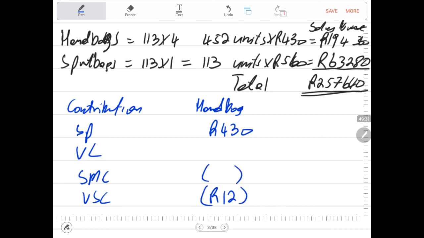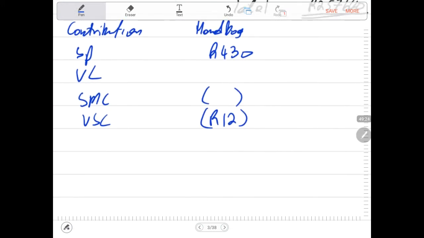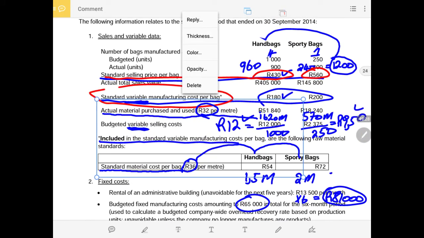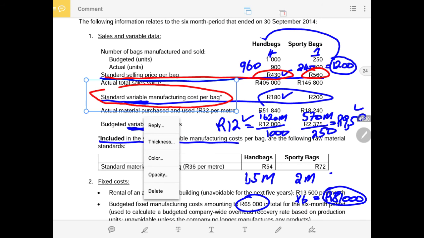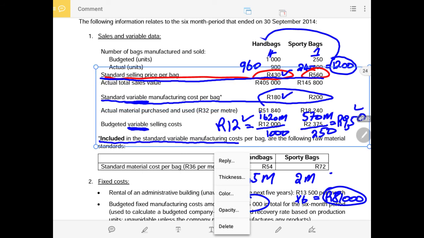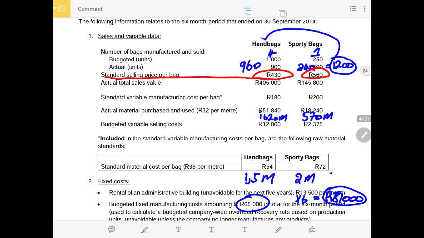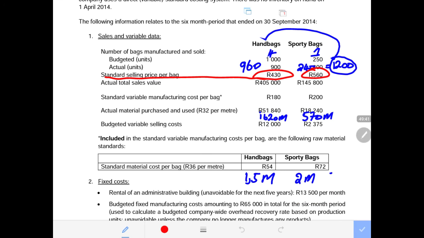But this is the one that will change. Now let us see how that will change, and I just want to use a very shortcut approach. We are told that there will be a decrease by 10% in terms of the material per meter. The material required per meter is 1.5 and 2 meter.